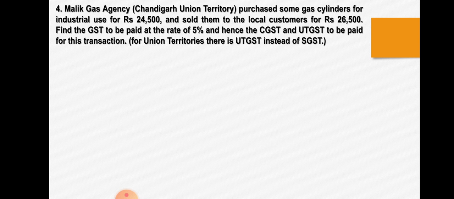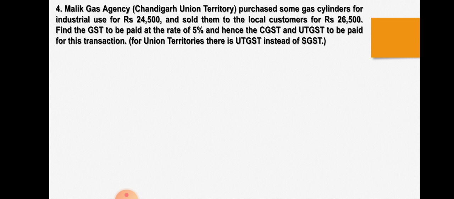Find the GST to be paid at a rate of 5%, and hence the CGST and UTGST to be paid for this transaction. In the bracket it is mentioned that for Union Territories there is UTGST. UT stands for Union Territory, instead of SGST. So instead of State GST we will be writing UTGST.